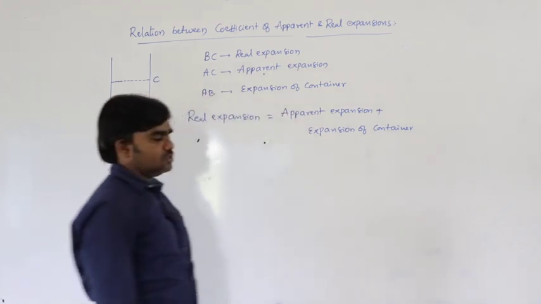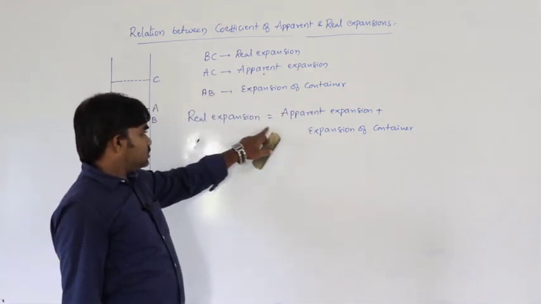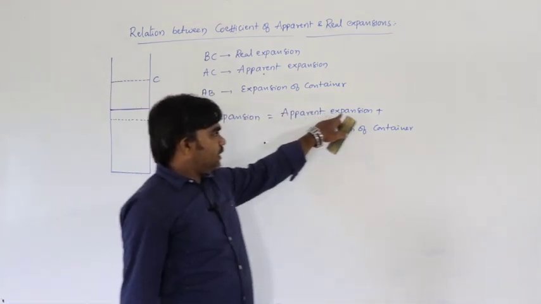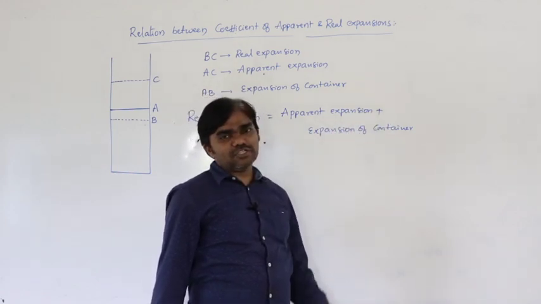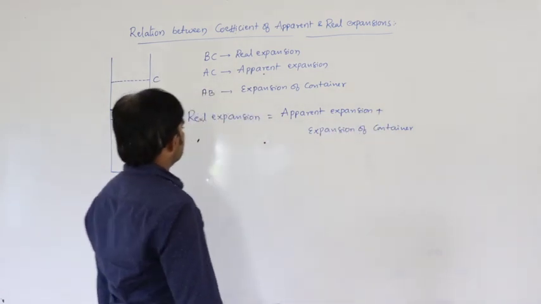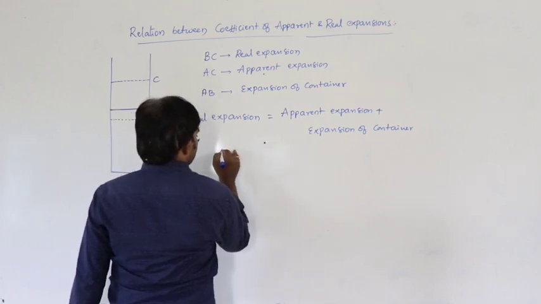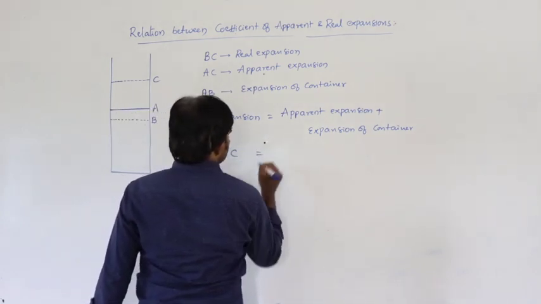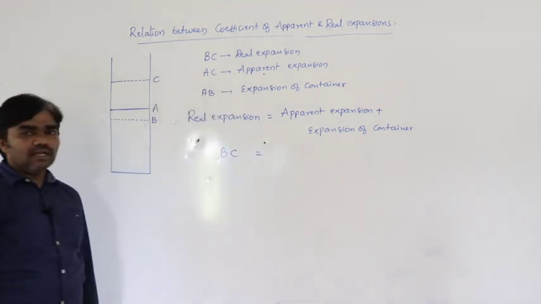So these are the definitions. Real expansion is equal to apparent expansion plus expansion of the container. That is the concept. What is the real expansion? Here it is BC.